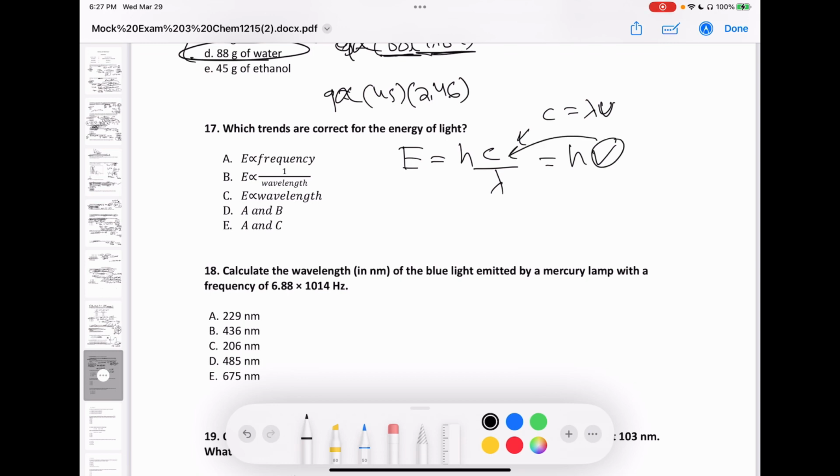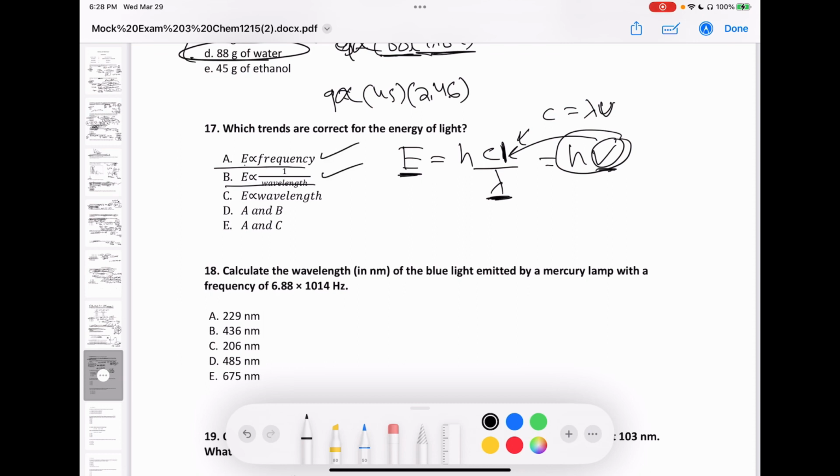So which trends are correct for the energy of light? For answer choice A, energy is directly proportional to frequency, and yes, they are directly proportional. There are no fraction bars separating them. B, energy is proportional to 1 over wavelength. We see that right here, so that's also correct.